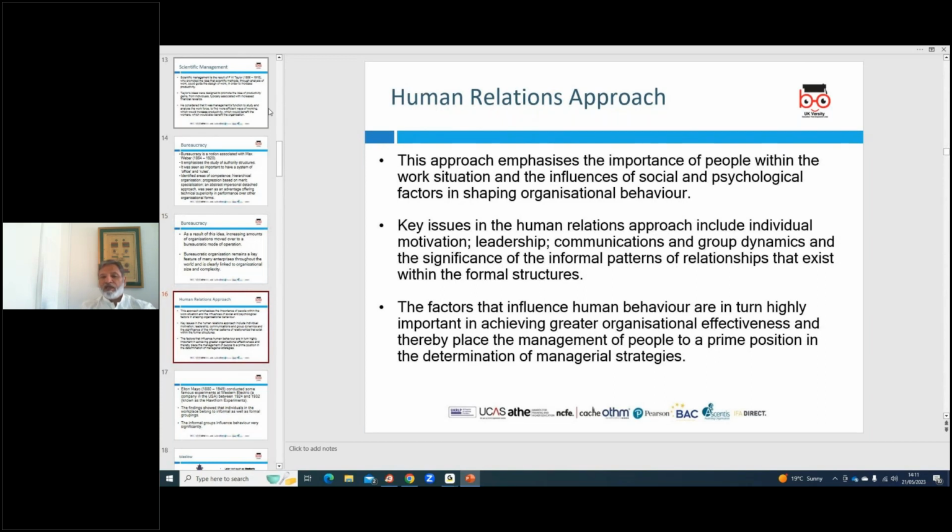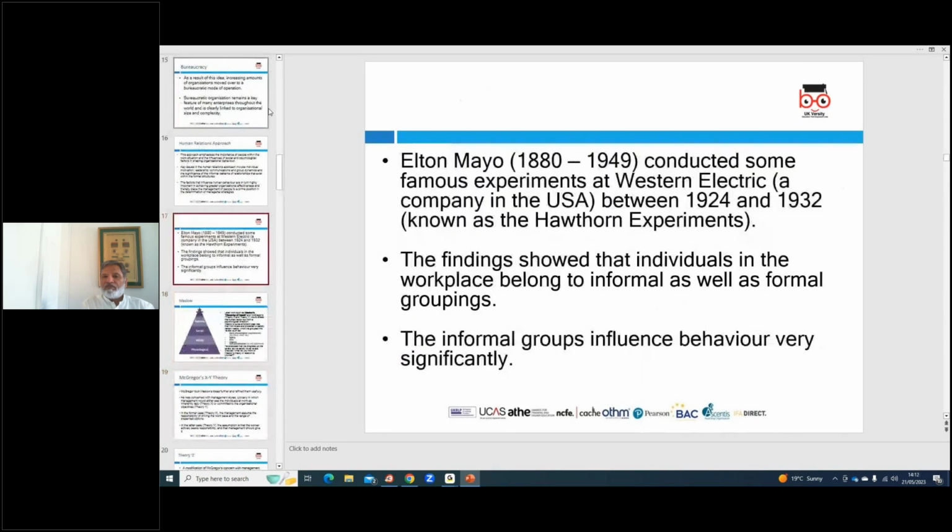Okay, these two approaches, these two theories, were later improved by what is known as the human relations approach by Elton Mayo, who was a social scientist.